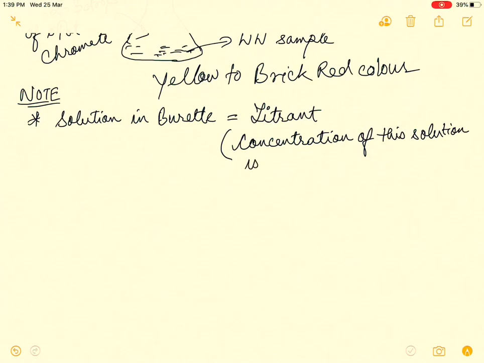We have to know the concentration of this solution, so that is called the titrant.